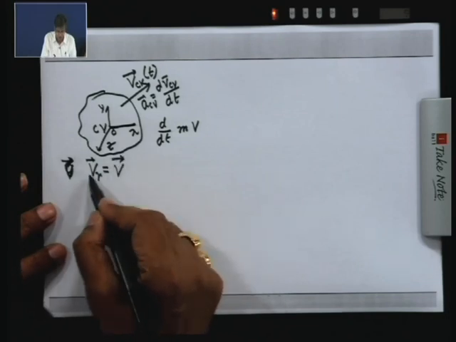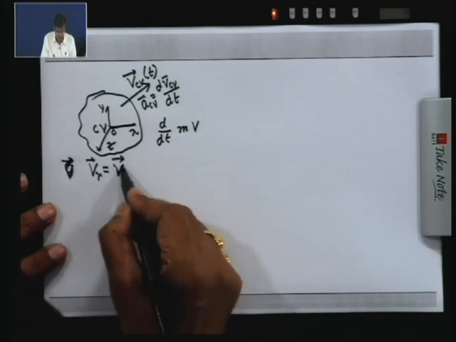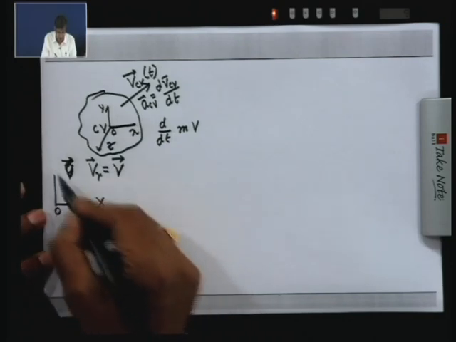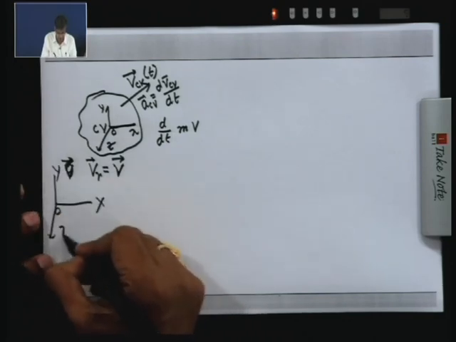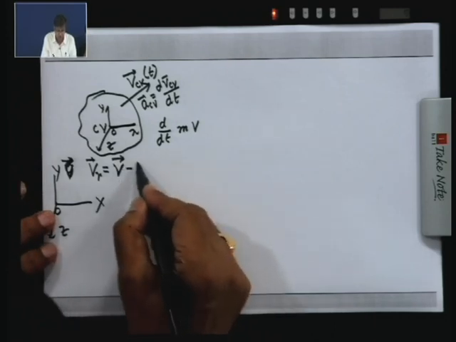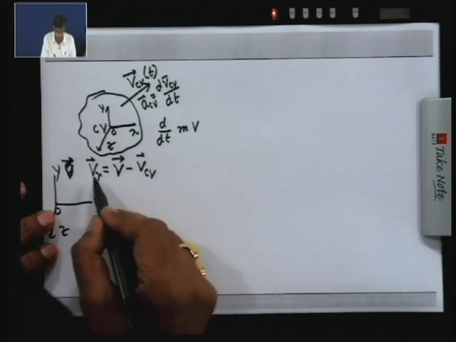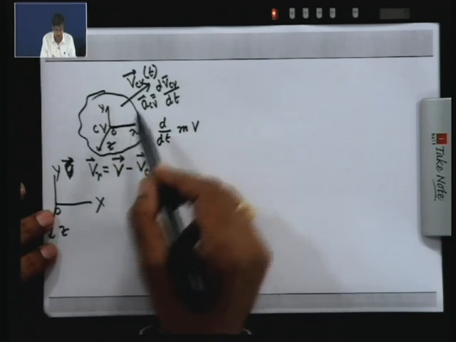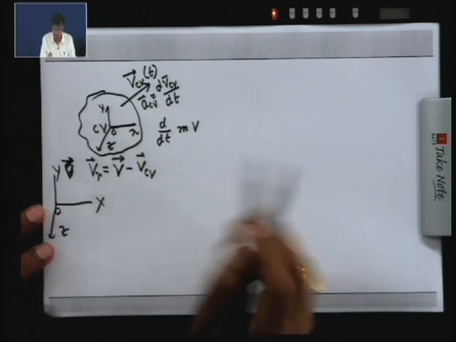Now, we give this nomenclature where V with respect to capital X, Y and Z, the static frame of reference, V minus VCV. This is our relative velocity, when this frame of reference attached to the control volume has a rectilinear motion and acceleration.